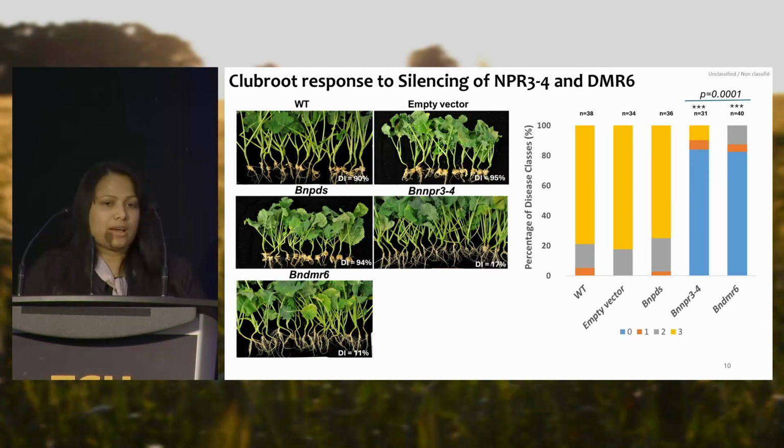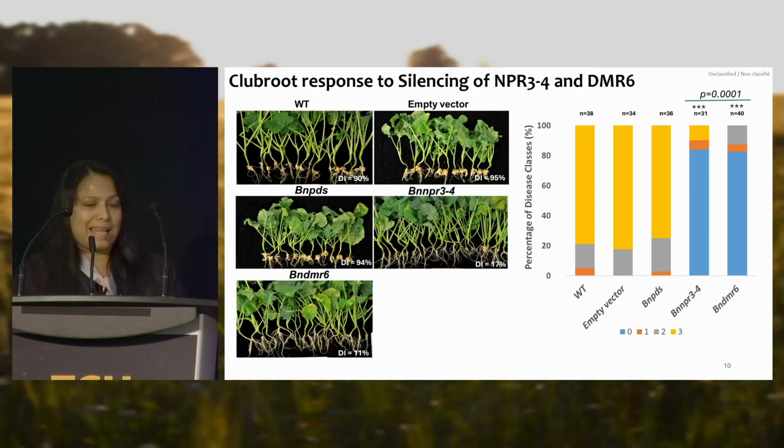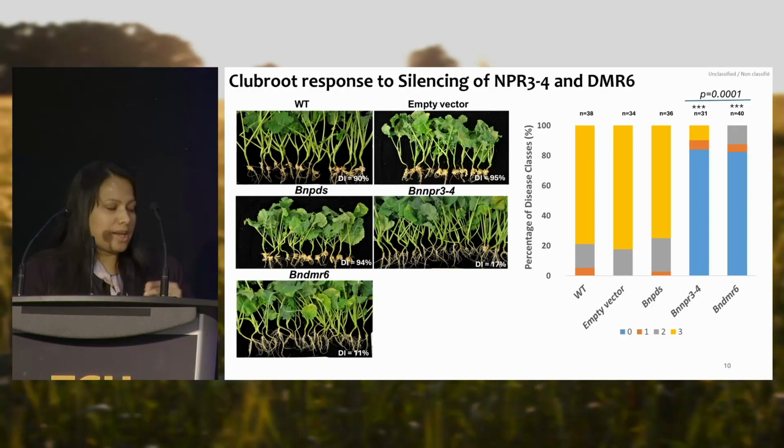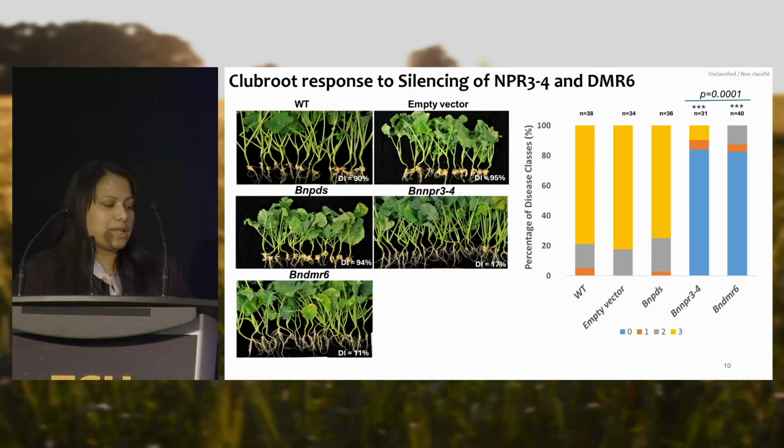So then we asked the opposite question: what if we silence NPR3/4 and DMR6, as they are negative regulators? Here we have similarly used wild type and empty vector as a negative control, and BnPDS as a positive selection marker.